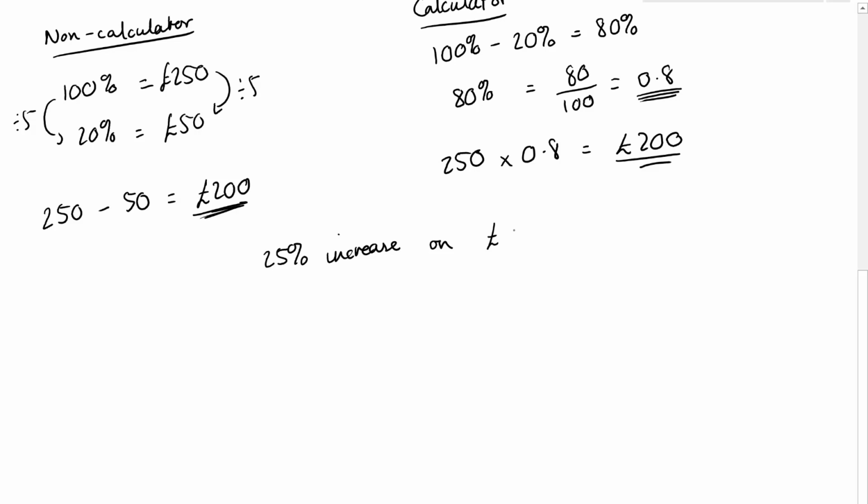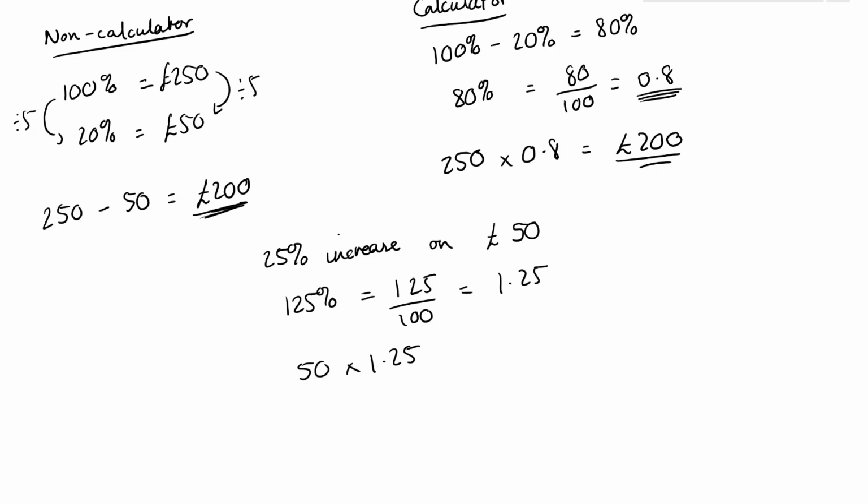What we actually want to find out is 125% of £50. We could write this as 125 per 100, which would be 1.25. And so in order to find out what the increased price would be, it would be 50 times 1.25. Then we could type that into a calculator and see that this would be £62.50. And that would be your calculator way of working this out.